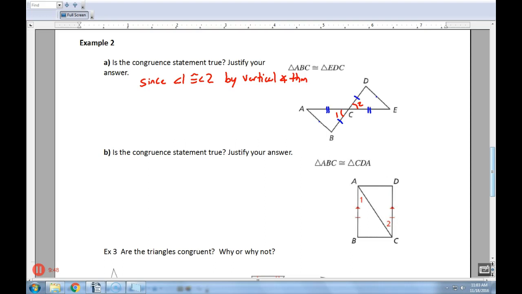I've now fulfilled the postulate up above that I have a side, and I have this included angle in between, on both triangles. So yes, the triangles are congruent by side angle side theorem. But I wasn't given that until I came up with the vertical angles on my own.